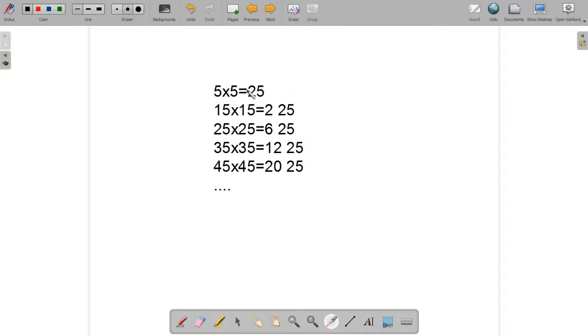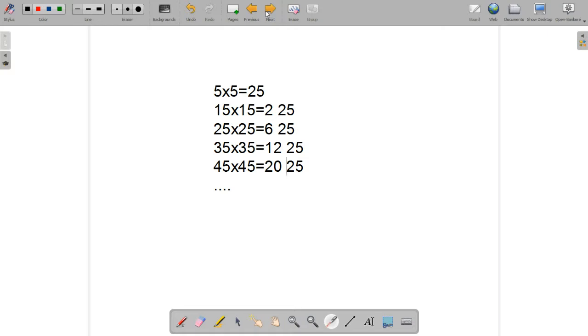Of course, there's some not so obvious pattern in the first digits, but that's a little more advanced than what I'm trying to teach. The thing I want to note is that they always end in 25 if you square them.